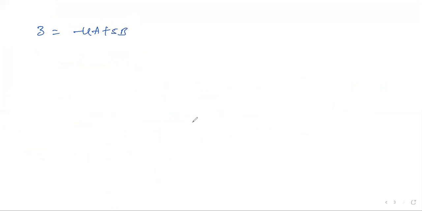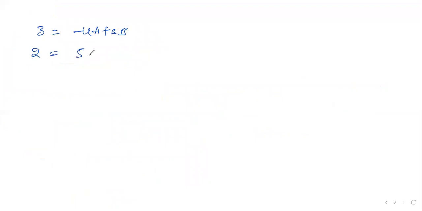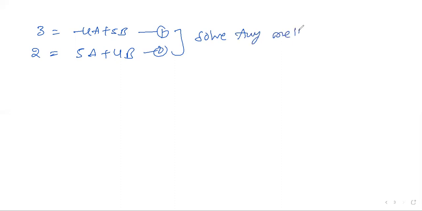Next, 2 is equal to 5a plus 4b. Equation number 1, equation number 2, solve by any method, whatever you know from 10th class algebra. Solve these two, then I want the answers of A and B. Okay, I think you know how to solve these.